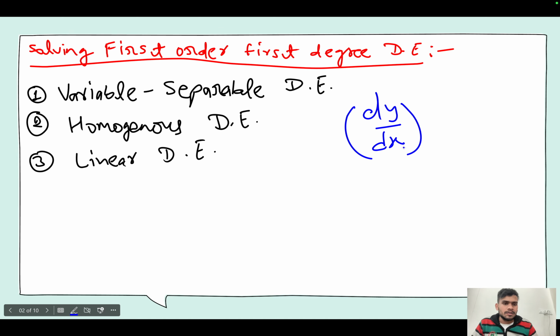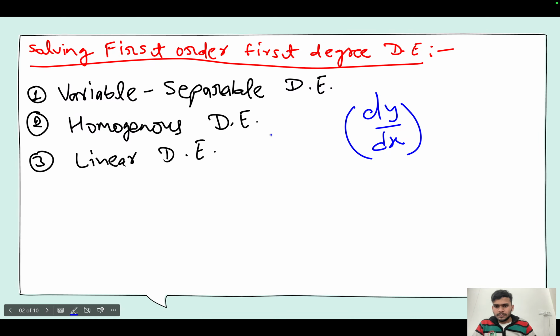Let me tell you, it is a differential equation in which there is dy by dx, only first order and first degree. As you can see, there is no power of dy by dx and the order is 1. So degree and order both are 1.